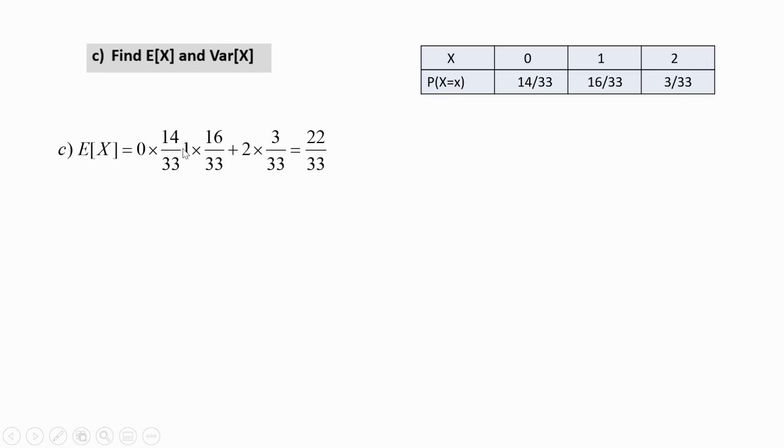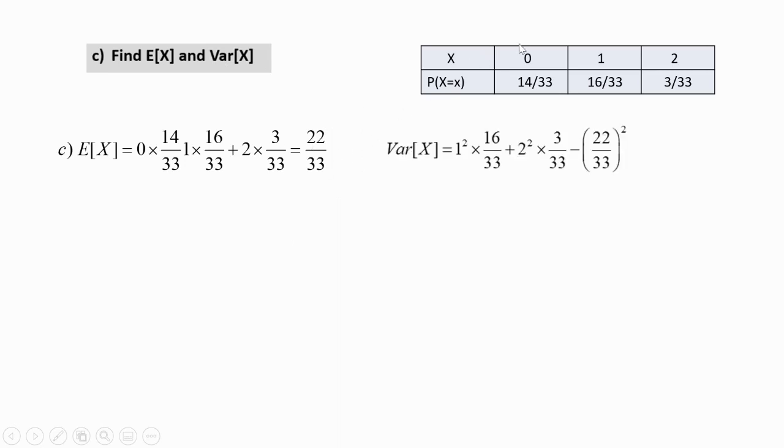So this, sorry, should have a plus sign in the middle there. Okay, so my expected value of x, which is my mean, is 22 over 33. Right, now the variance is a bit more difficult, and I'm actually going to use this mean to be able to do it.